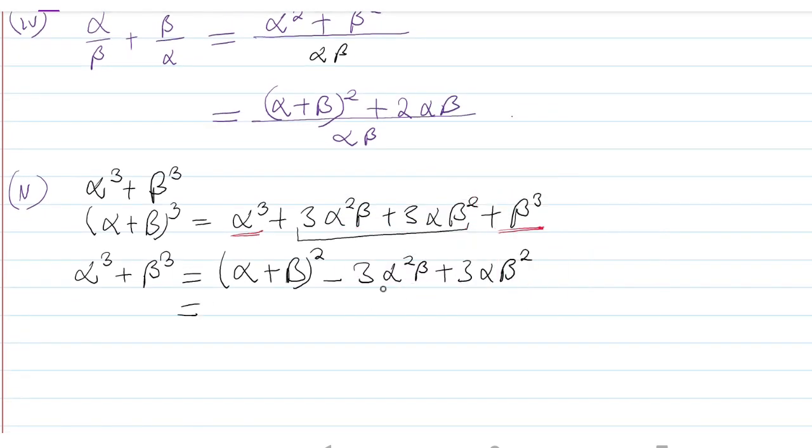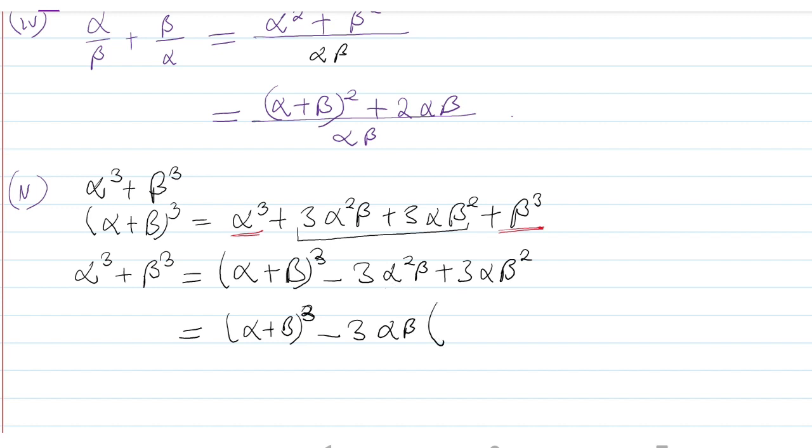Now we want alpha beta and alpha plus beta. So this is equal to alpha plus beta cubed minus, you can see that alpha beta is common in here and 3, so I factor out 3 alpha beta.